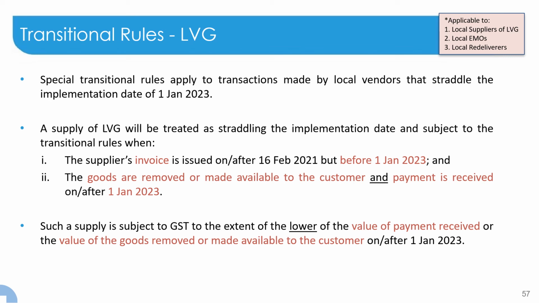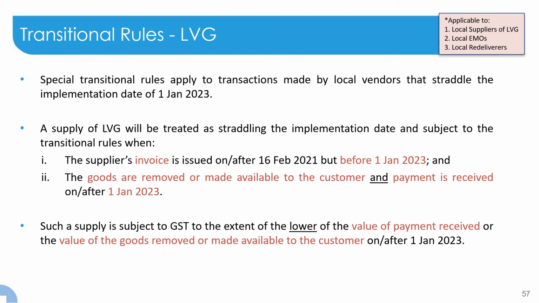A supplier of LPG will be treated as straddling the implementation date and subject to the transitional rules when it meets the following two conditions. First, the supplier's invoice is issued on or after 16 February 2021, but before 1st January 2023, and second, the goods are removed or made available to the customer and payment is received on or after 1st January 2023.